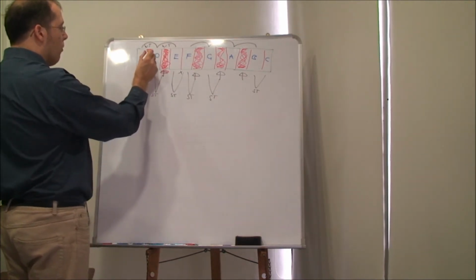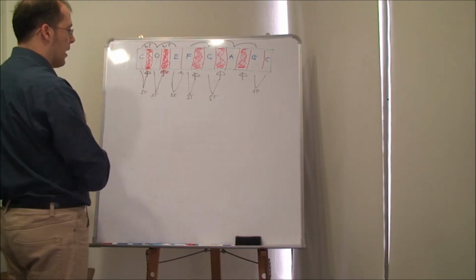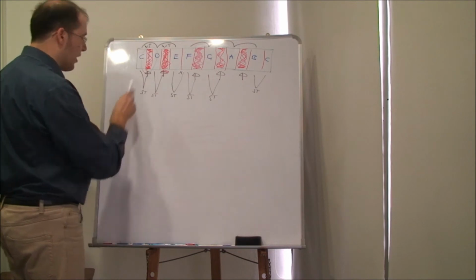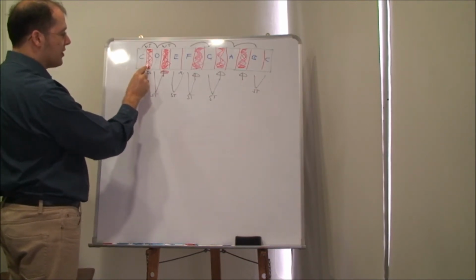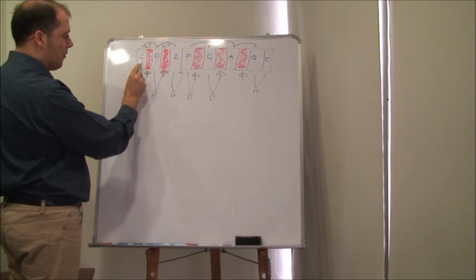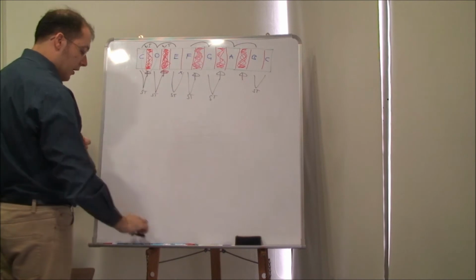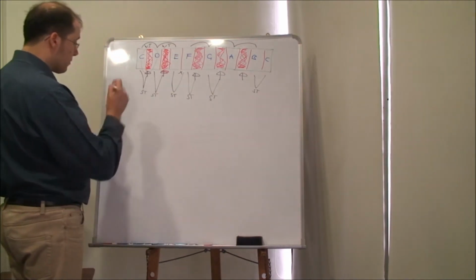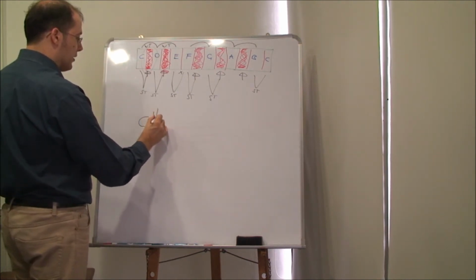Now we just want to come up with a name for these things in between. There are two ways of naming it. We can either say that this note over here is a little bit higher than C, or we could say that it's a little bit lower than D. The notation we have for that: when it's a little bit higher than C, we say C sharp.